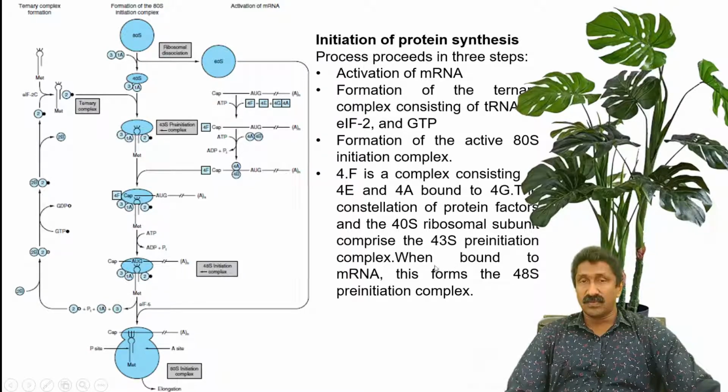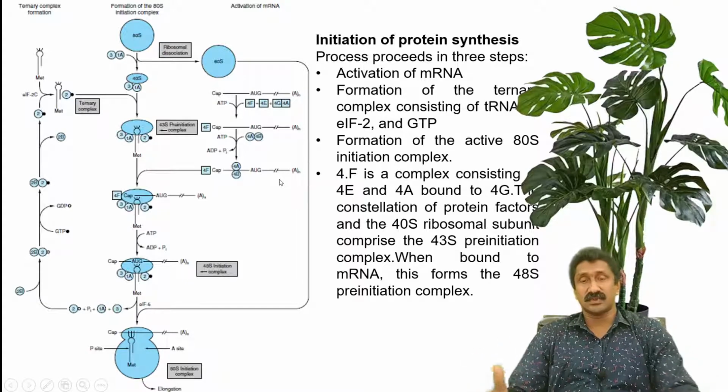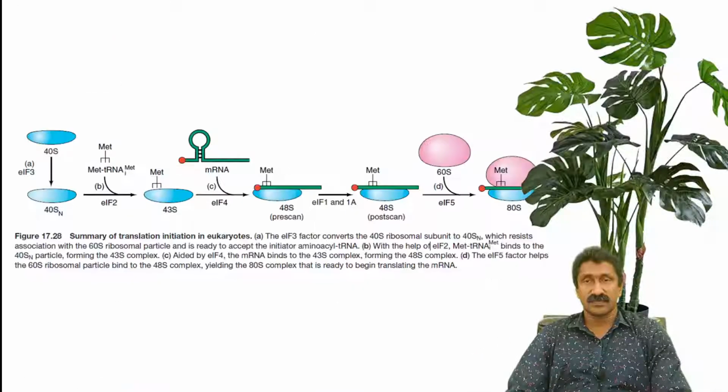Then, when it is bound with mRNA, it constitutes the 48S pre-initiation complex. When it is again bound with the larger subunit, that is the 80S complex. And now the initiation process is complete. It is ready for elongation. And the initiation factors used in this process will be recycled at subsequent initiation processes of the mRNAs.